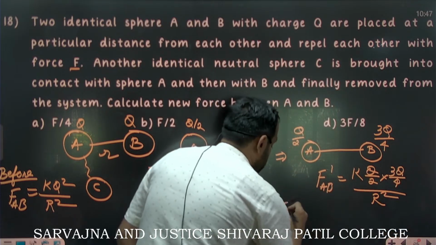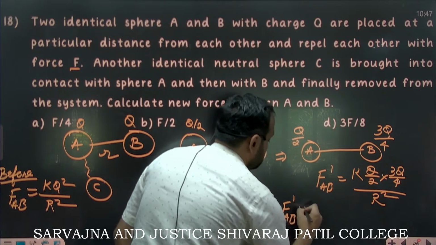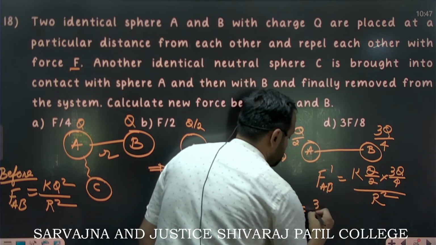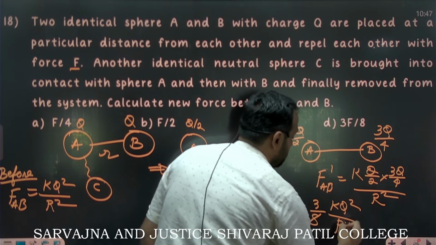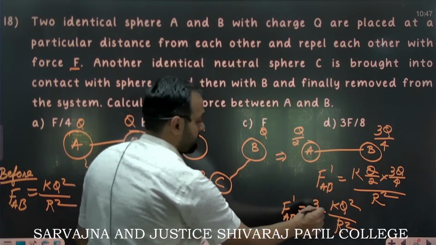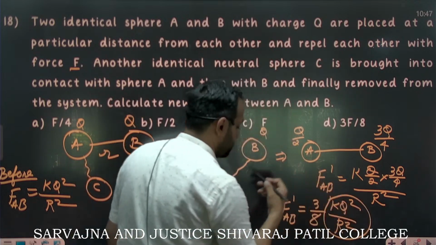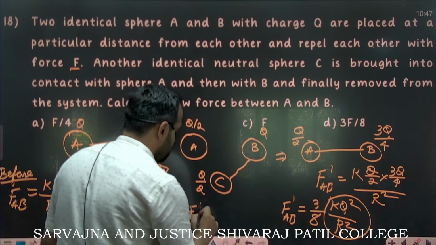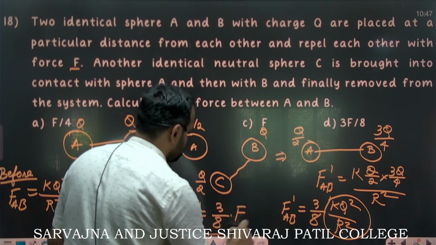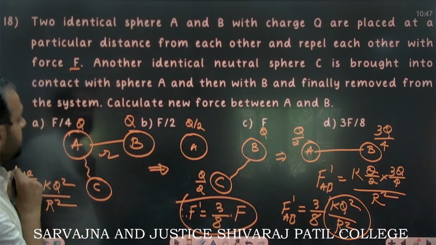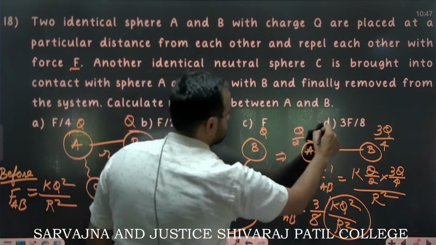So the new force F dash AB is nothing but 3 by 8 into KQ square divided by R square. But KQ square by R square is what? F. Therefore F dash is equal to 3 by 8 times F.